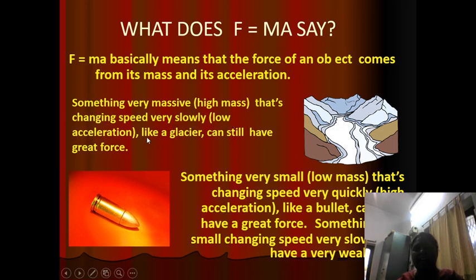Though it has low acceleration, because of its high mass, a glacier can still have a great force. If either mass or acceleration is more, then F will be more. Hence, even though the glacier has little acceleration, due to its high mass it will have high force. In the same way, take one more example, that is a bullet.